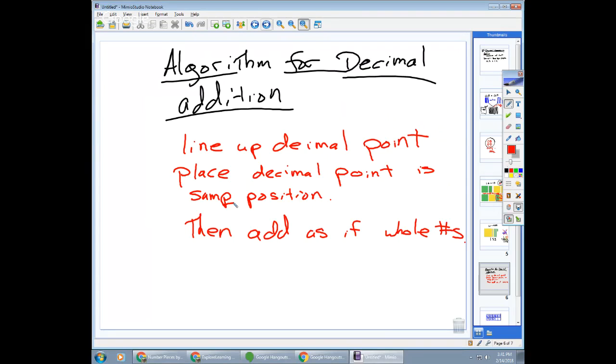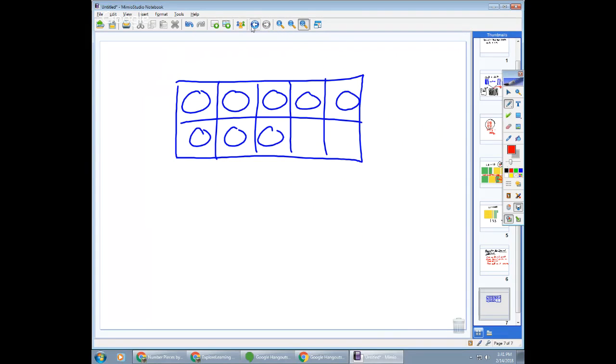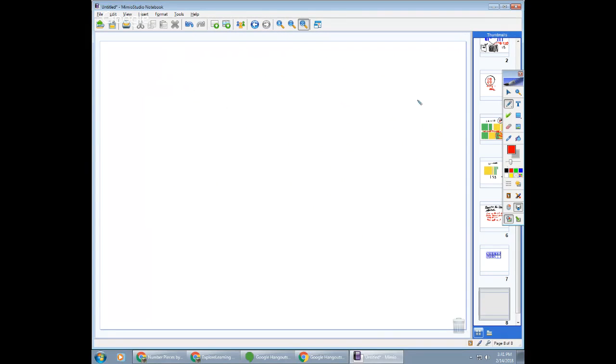Okay, subtraction. What's one of our main models that we use for fractions?